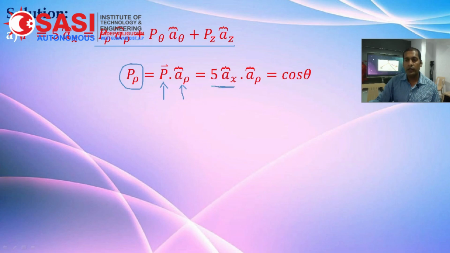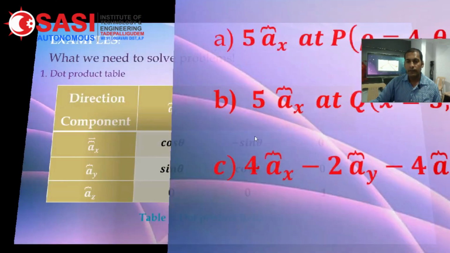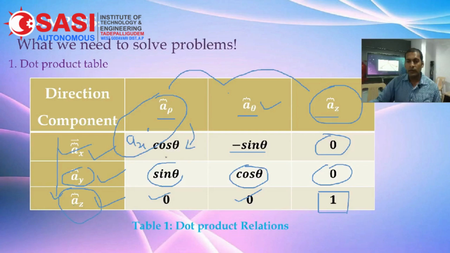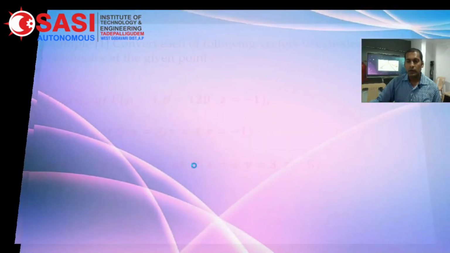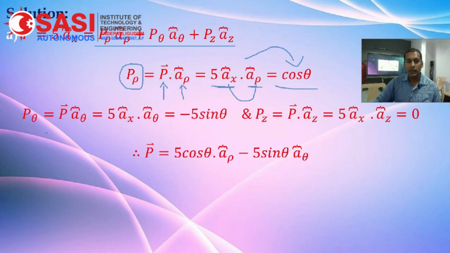This is the magnitude ρ and a_x, and this is the direction a_r. As per our table of dot products, this dot product will give cos θ. So from the table, we get cos θ.